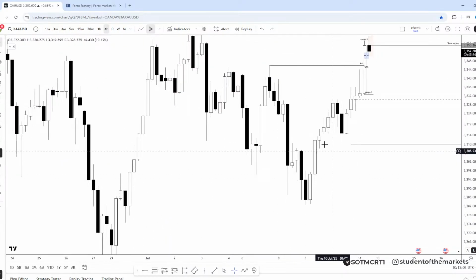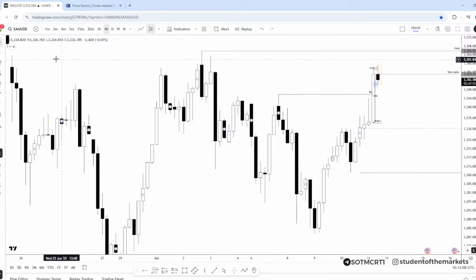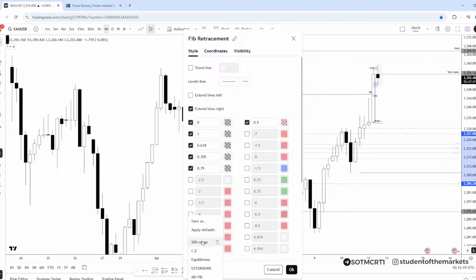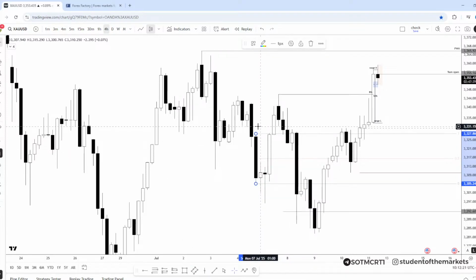Let's take this candle. This was the candle open right here. Now you have the CRT, this bearish candle as the CRT, and right here price does sweep the lows. Now this is the candle open.